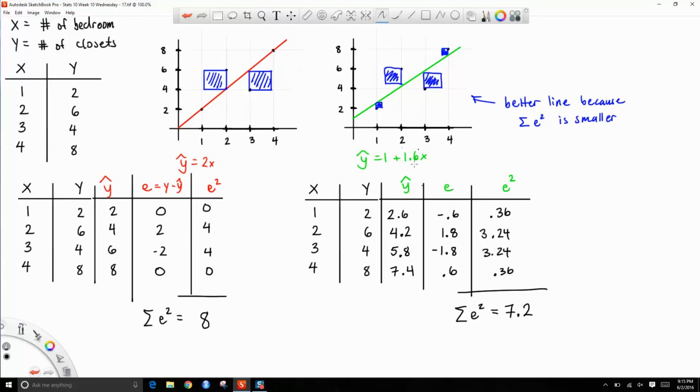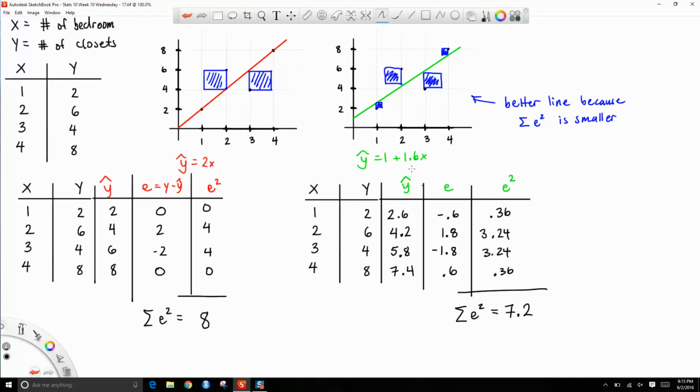And I picked this line because I knew that this would be the best fit line. We could try out thousands of different lines, have a computer calculate the total sum of squared residuals, and then find the line that minimizes it.